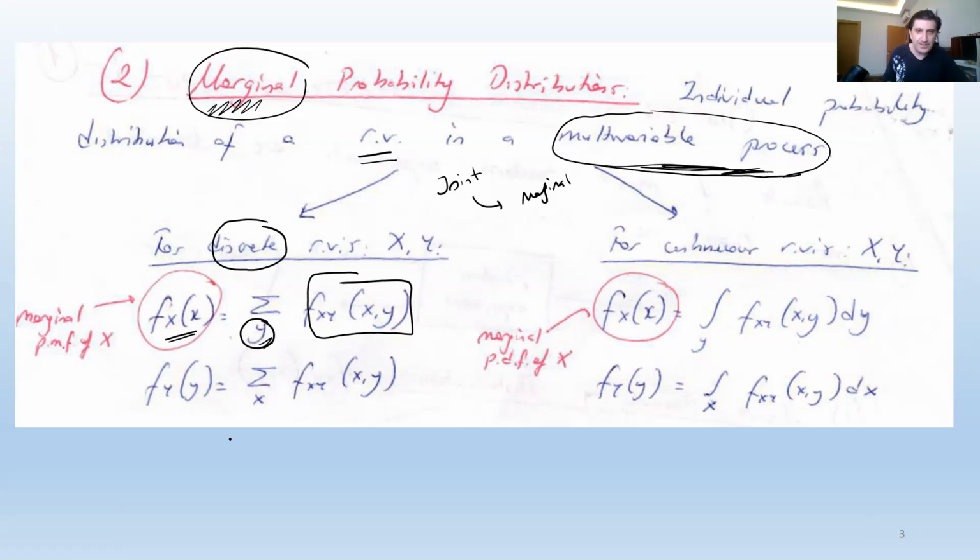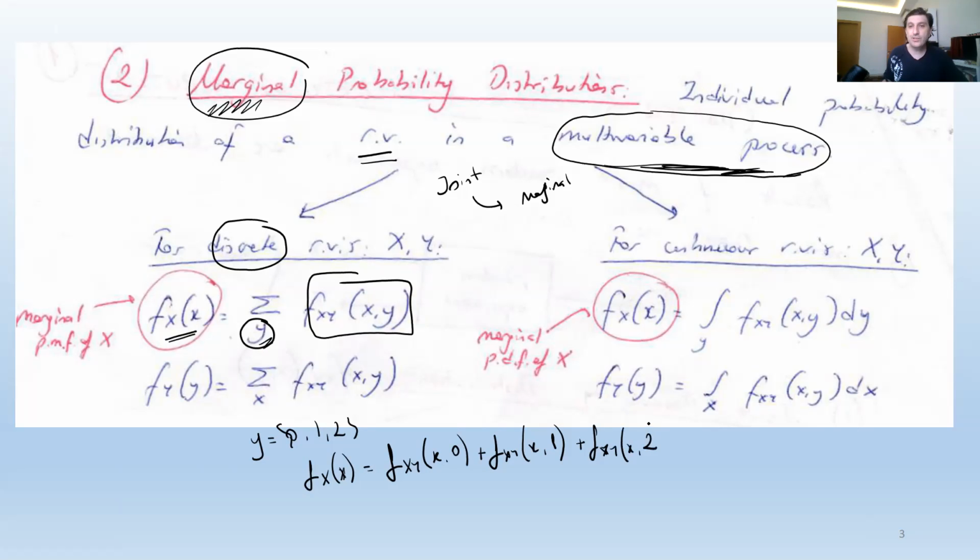So the idea is very simple. If y can be equal to, for instance, 0, 1 and 2, then the marginal probability mass function of x, which means I do not care what the value of y is, is f_XY(x, y=0) plus f_XY(x, y=1) plus f_XY(x, y=2).